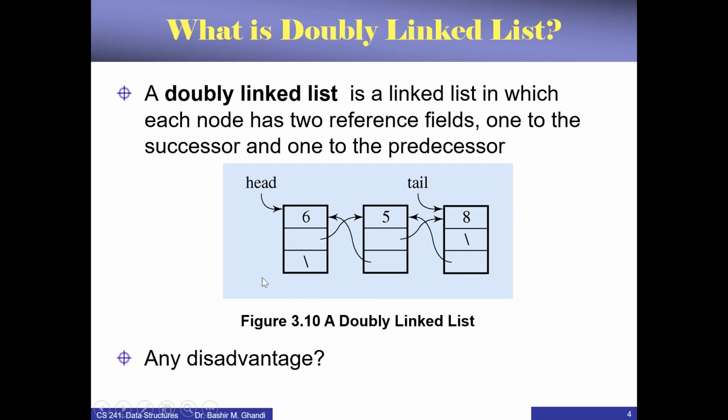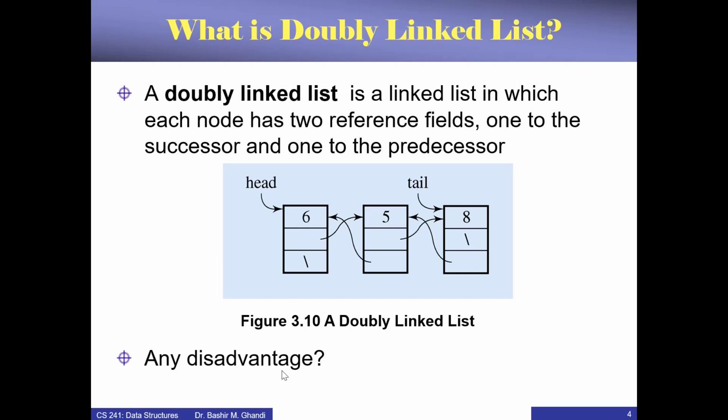So obviously, in terms of memory, doubly linked list is going to take more memory compared to singly because of the addition of this extra variable. So that is the main disadvantage. It takes more memory compared to singly, but it gives you faster operations.